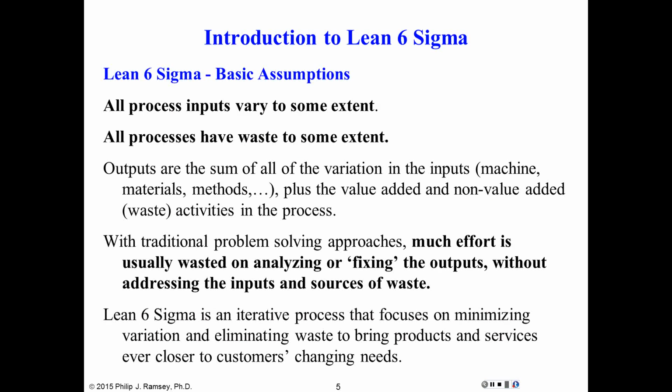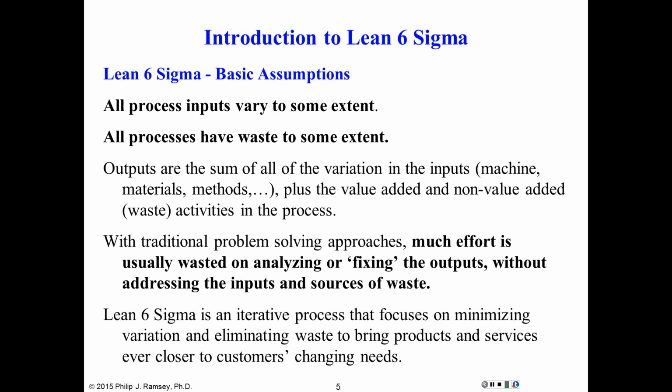Okay. And when we talk about Six Sigma, there are a few basic assumptions. Number one, all inputs to a process vary. Okay. Also, the steps in the process itself have variation. And also, all processes to some extent have waste. As you'll see later on, Six Sigma focuses on the variation, Lean focuses on waste. Okay?